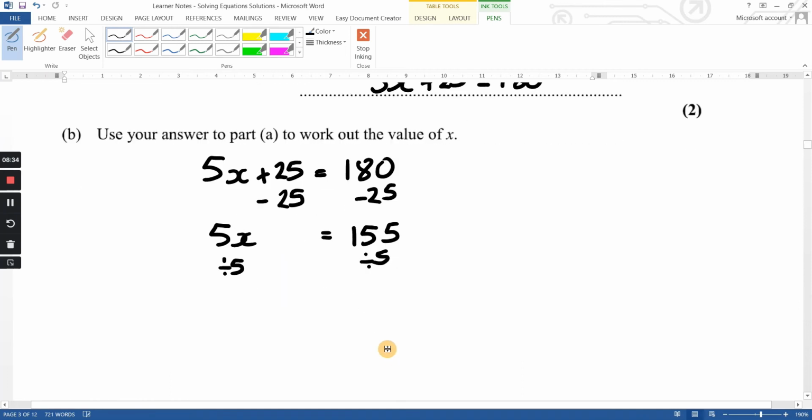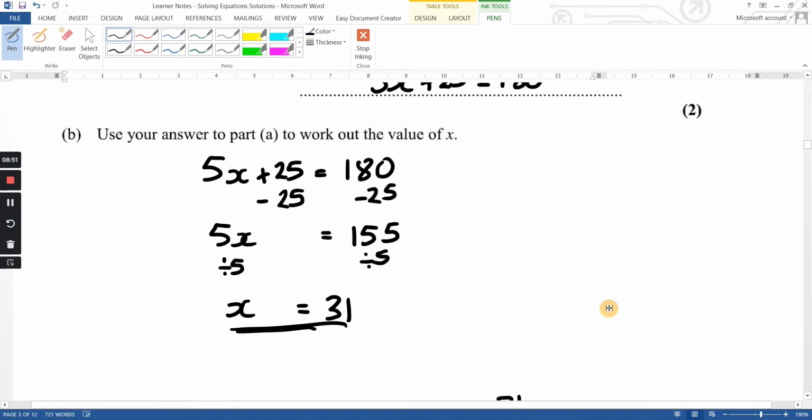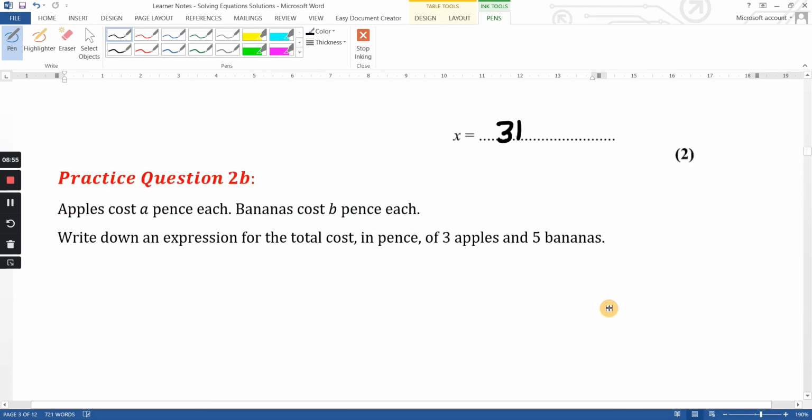That gives me x equal to 31, is it? That should be right. Yep, x is equal to 31. There's my answer. How many marks was that altogether? It's 4 marks altogether.